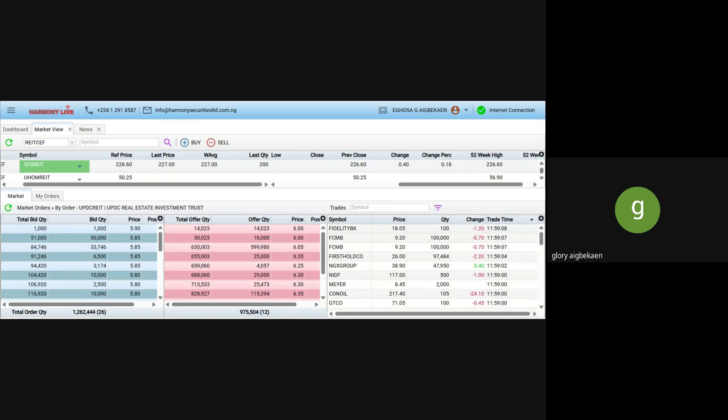Their report for April to June activities, that's the second quarter report for most of the companies whose ending period is December. But we have some few companies that have other ending periods. I know of Honeywell Flour Mill. I think that one is May or so, or it's April.